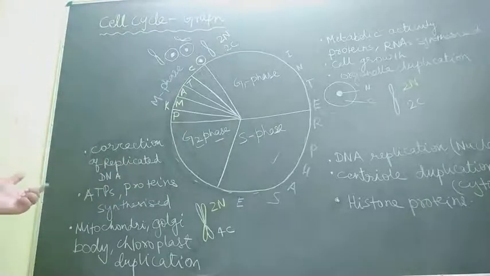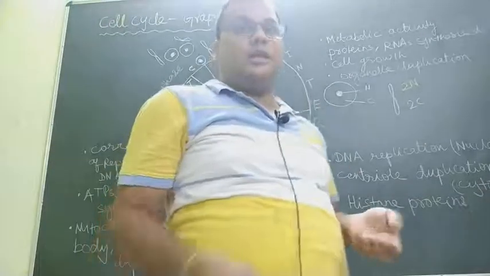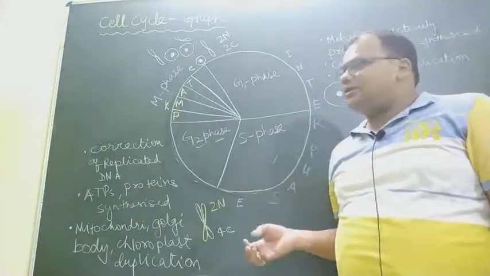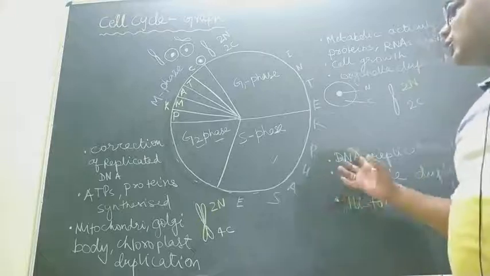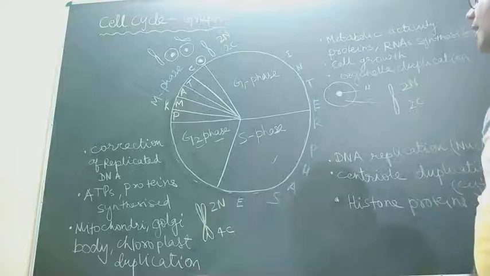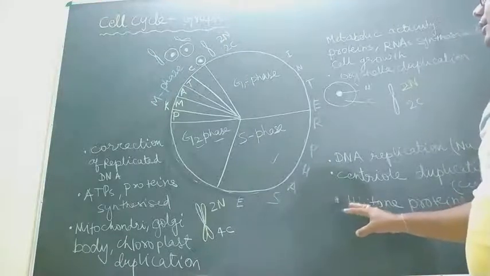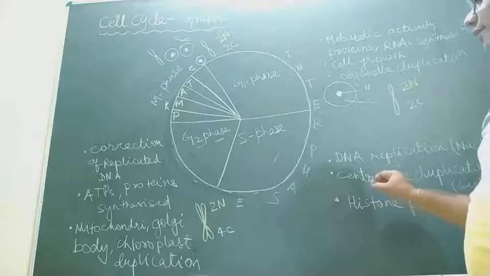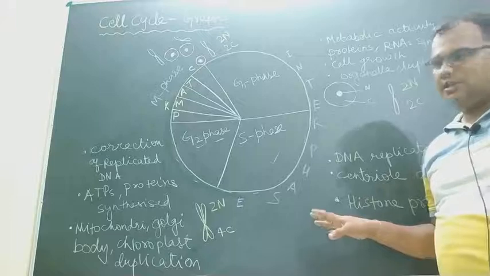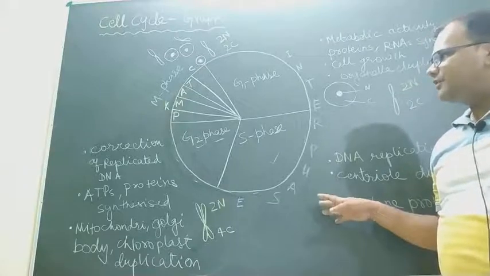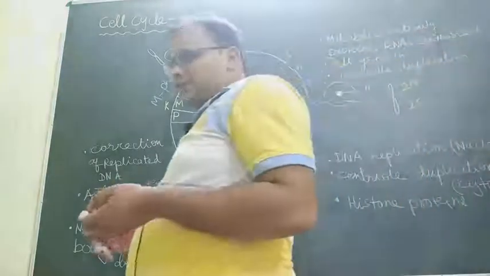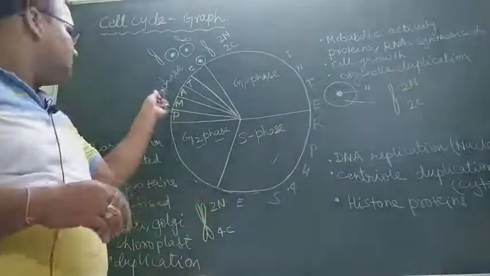So this class or this representation is very, very important, and it is the gist of this chapter. जो सेल साइकिल का कॉन्सेप्ट है वो पूरे इस डायग्रामेटिक रिप्रेजेंटेशन में दिया जा चुका है, and it is very, very important and very informative also, and also there is no confusion in this graphical representation.